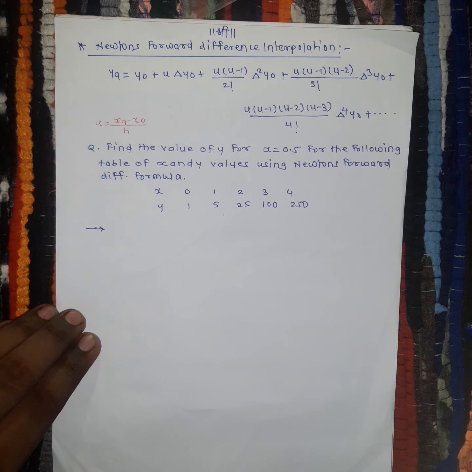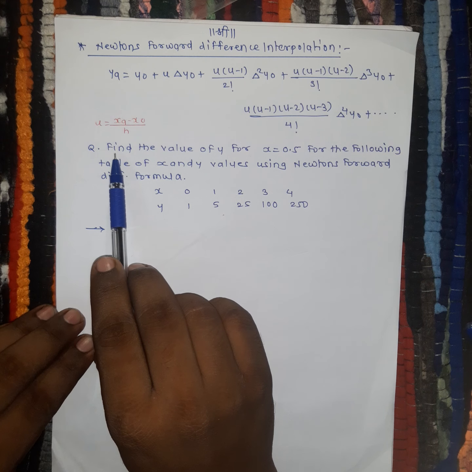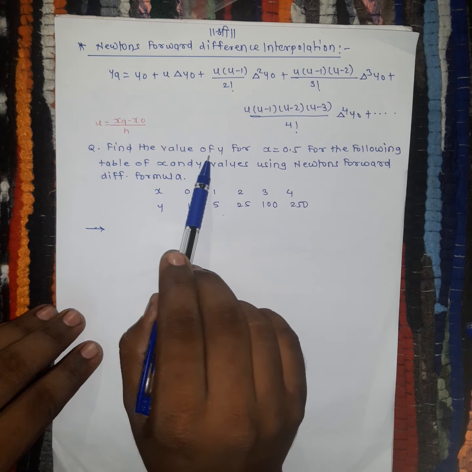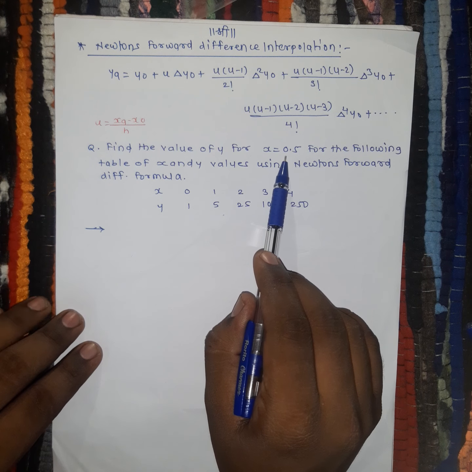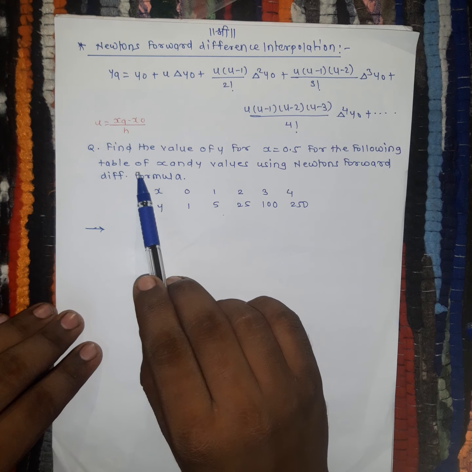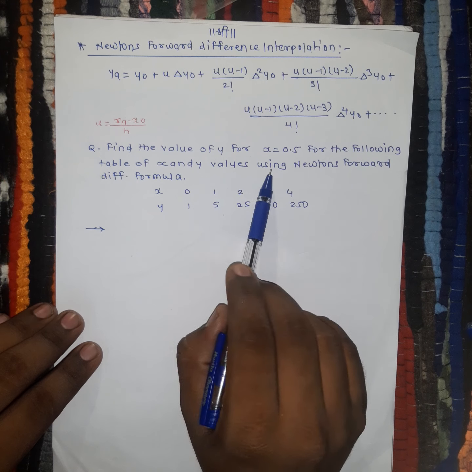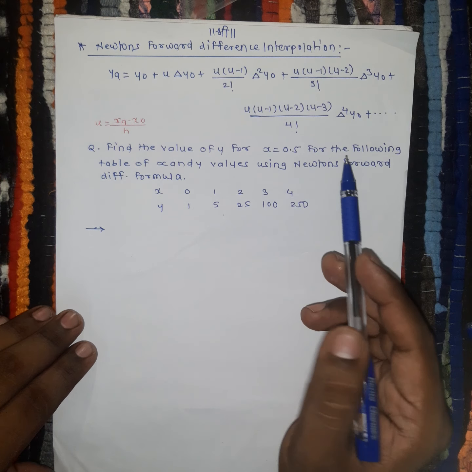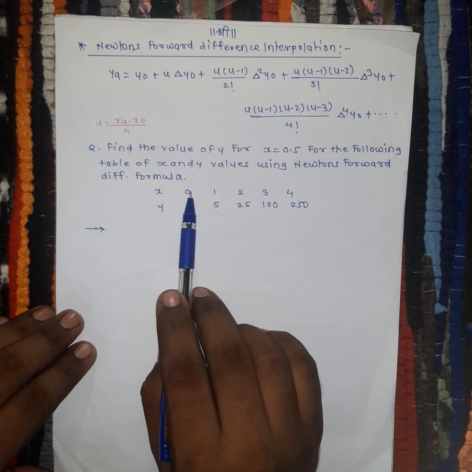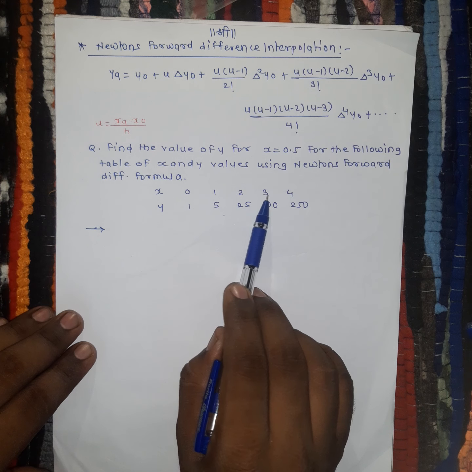So let's start with the problem. The problem is given like this: find the value of y for x equal to 0.5 for the following table of x and y values using Newton's forward difference formula. The x values are given as 0, 1, 2, 3, 4.